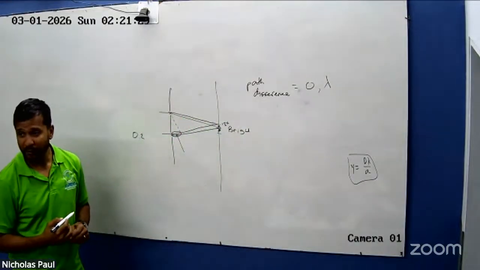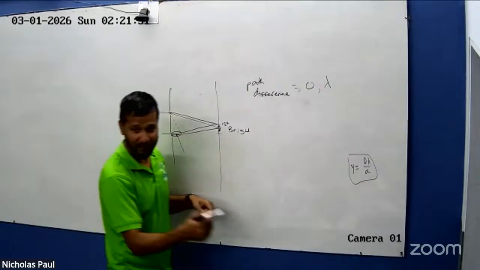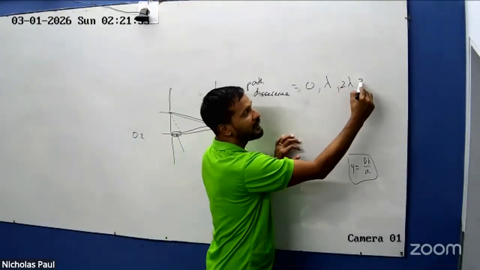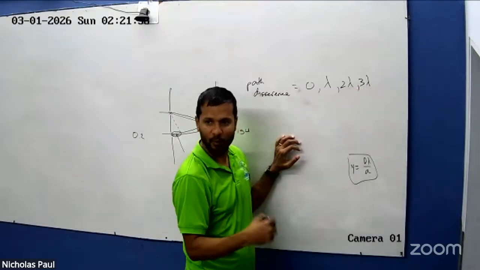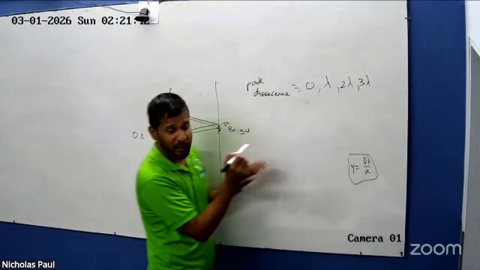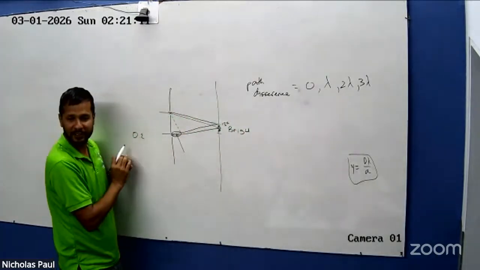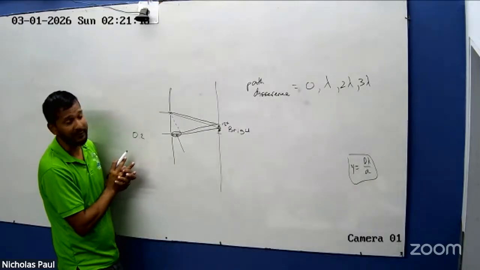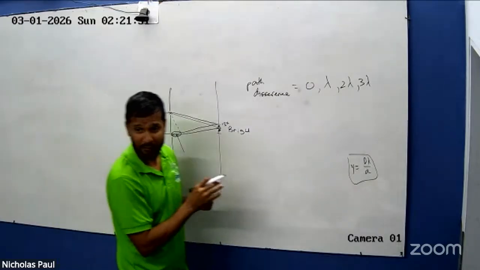Then the pattern follows. Second bright fringe, path difference is 2 lambda. Third bright fringe, 3 lambda, and so on. Are you okay with that? So the difference in path is always going to be a whole number of wavelengths. Everybody okay with that?